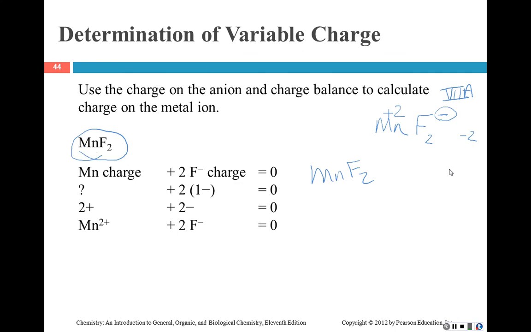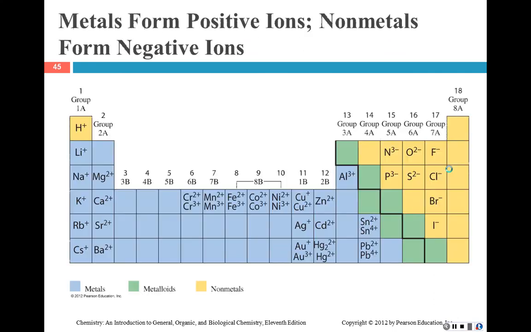Why? Because fluorine's in group 7A. It's always a -1. Over here you can see these, they're always going to be the same. Then you have silver and cadmium and zinc. They're all kind of together. They only have the one charge.